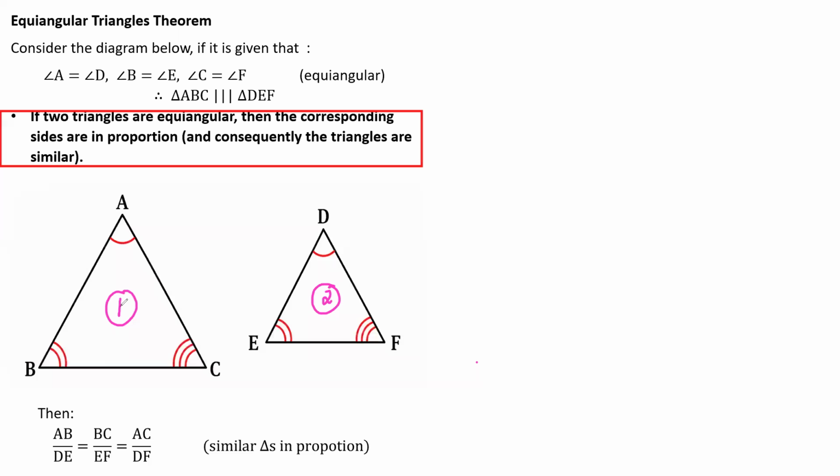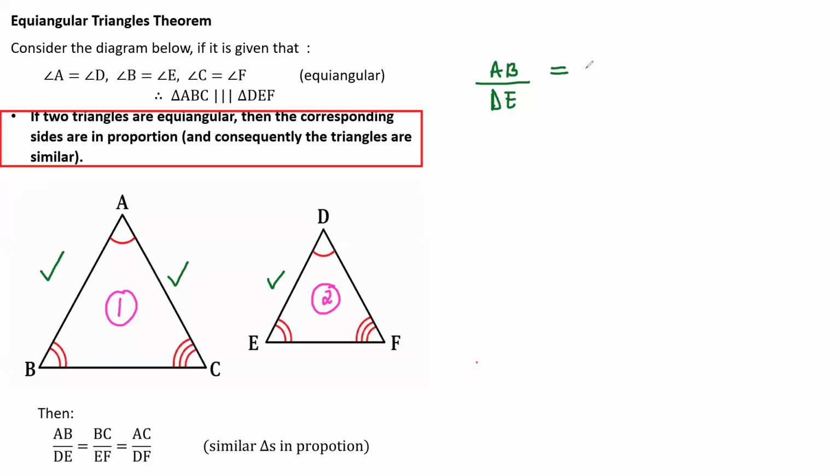So if I look at triangle number 1, I deal with proportional sides. It means AB, that's triangle number 1, goes with DE on triangle number 2. So AB over DE is equal to, I pick this side, AC.